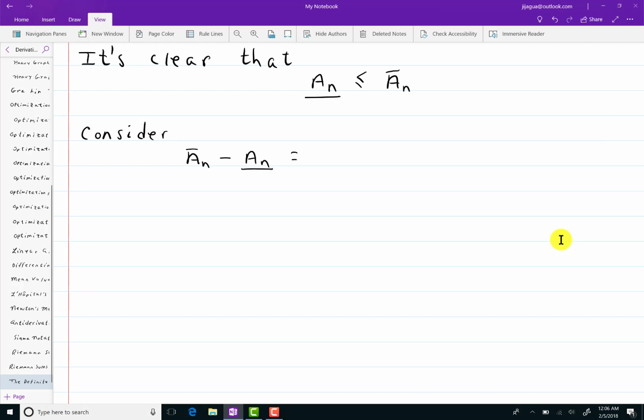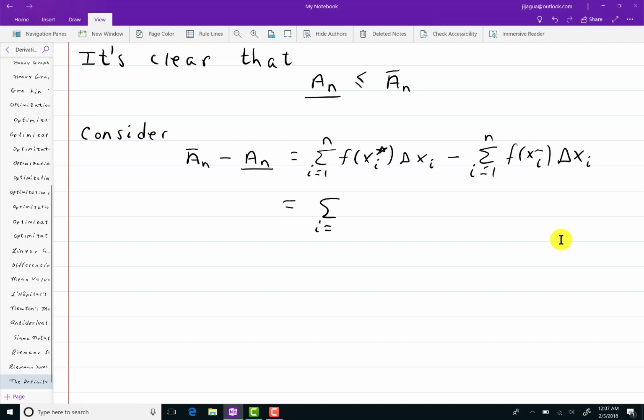That's going to equal the summation i equals 1 to n of f of x sub i star delta x sub i, minus the sum i equals 1 to n of f of x sub i squiggle times delta x sub i. And I'm going to bring these sums together by using the distributive property on the delta x sub i's.